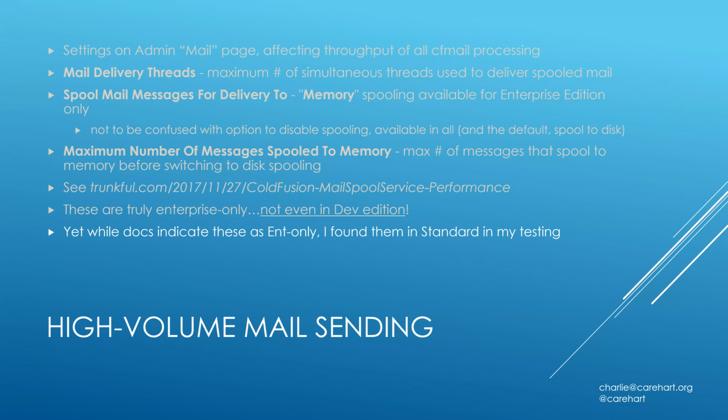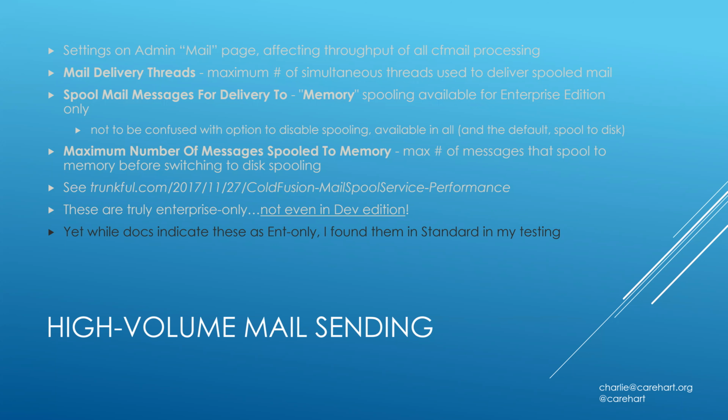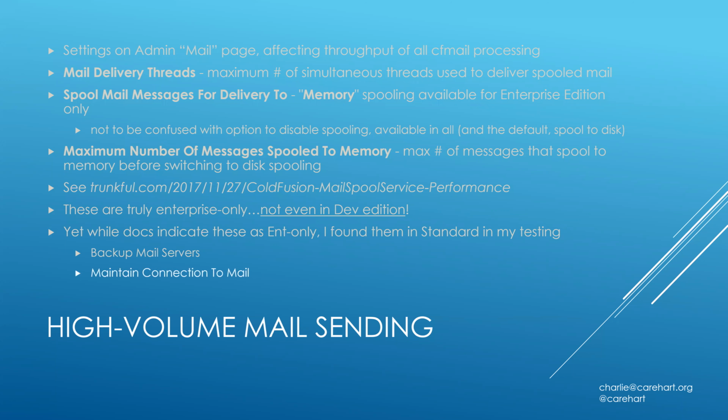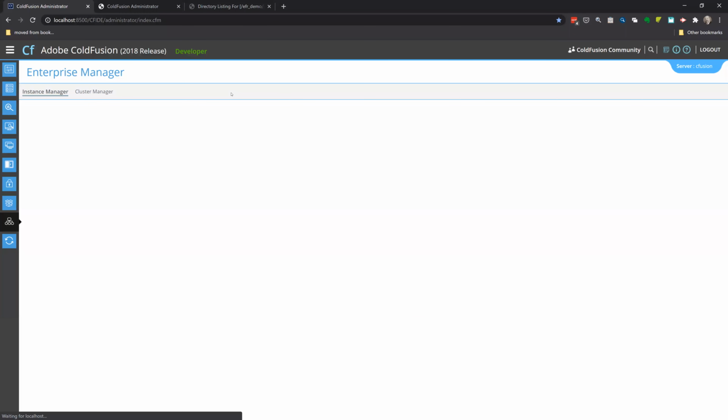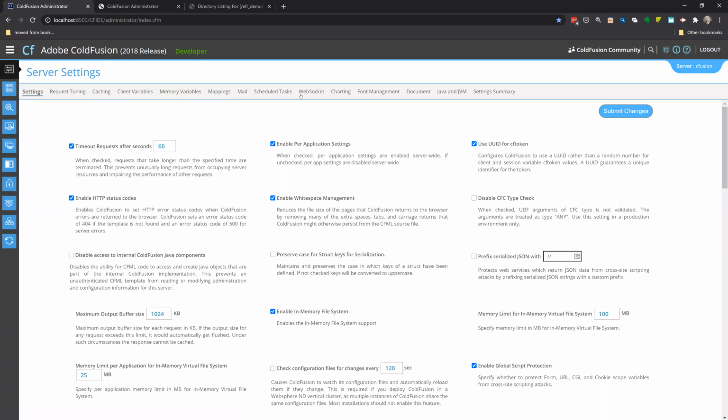And then I'll just say that as you read about the differences among different docs, saying what's in Standard, what's in Enterprise, there are things that suggest that backup mail servers and maintain connection to mail server are also Enterprise only. I don't find that to be the case. Now, I happen to be looking at Developer here, but let me just show you what I'm talking about. I have a Standard machine set up, but it's on another machine, and I was having some difficulty just before we started getting connected to that.